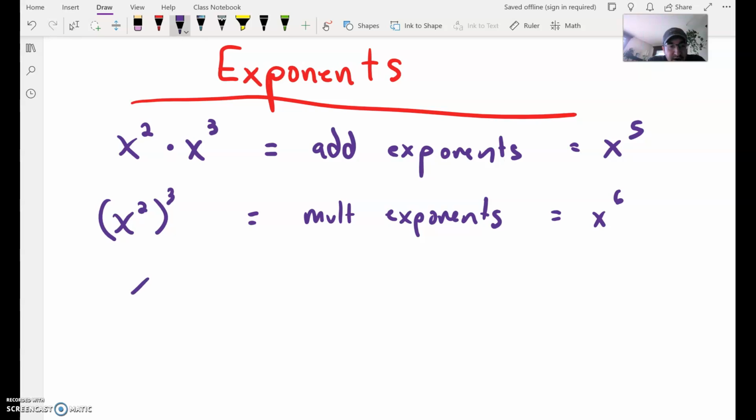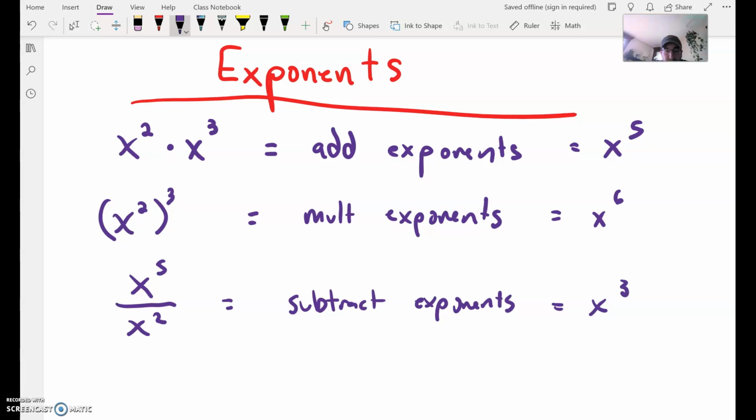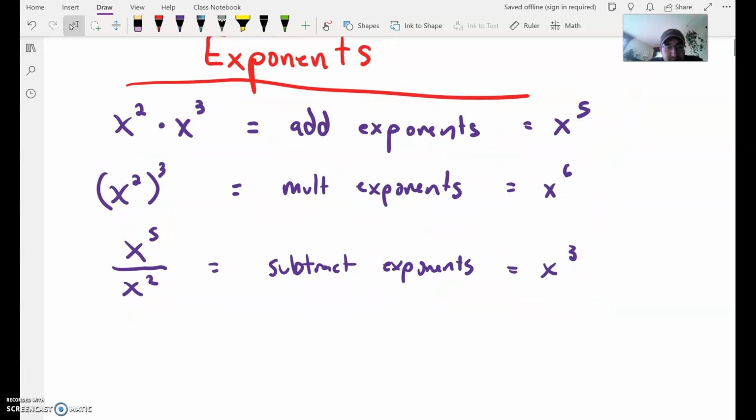That's where if you divide, what if you had x to the 5th divided by x to the 2nd? Okay? If you ever have that rule, you subtract the exponents. And you would get x to the 3rd. Okay? Because you can cancel out. Like sometimes when we do problems, we might have like 5x to the 6th over 2x squared.